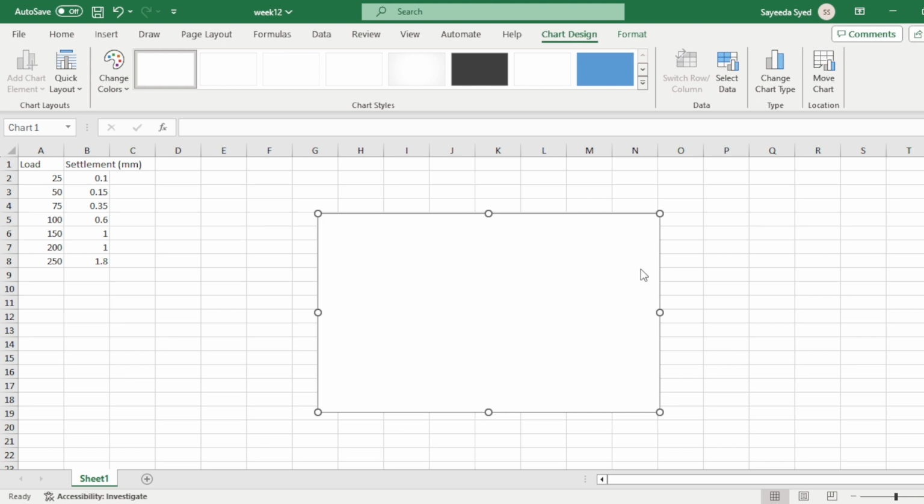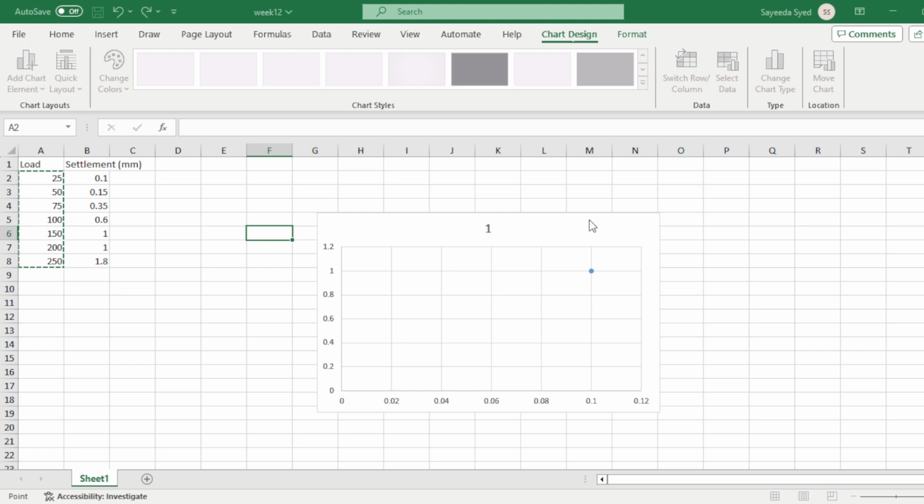On the x-axis, we will draw the elastic settlement, and on the y-axis we will draw the load. Okay, we can add the axis titles.